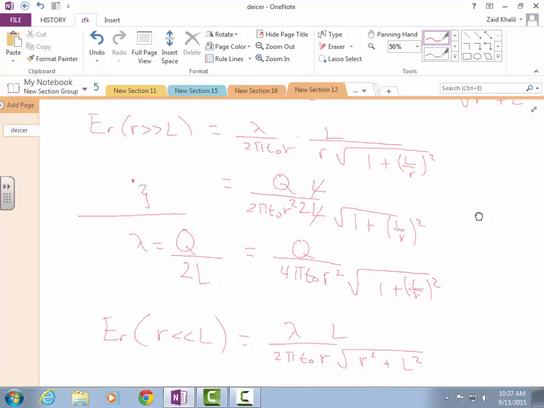So 4, notice 4 requires what? It does require Gauss's law, which we're not there yet. Gauss's law is going to simplify a lot of this. Hopefully. No, definitely. But if you go, let's say, to number 6, what do you see?